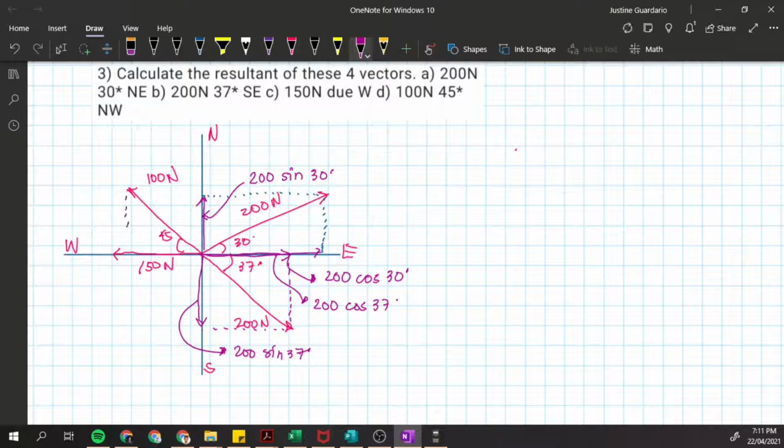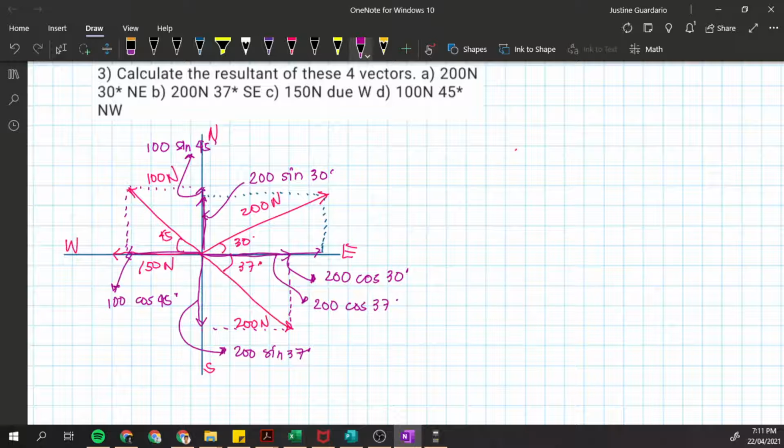Now, we also have here a 100 Newton vector na may 45 degree angle. So, i-resolve natin siya dito. Okay. So, ito yung isang vector. Ito yung vector na to is 100 sine 45 degrees kasi we're talking about our y component of our vector. Then, we have also here a vector na 100 cosine 45 degrees.